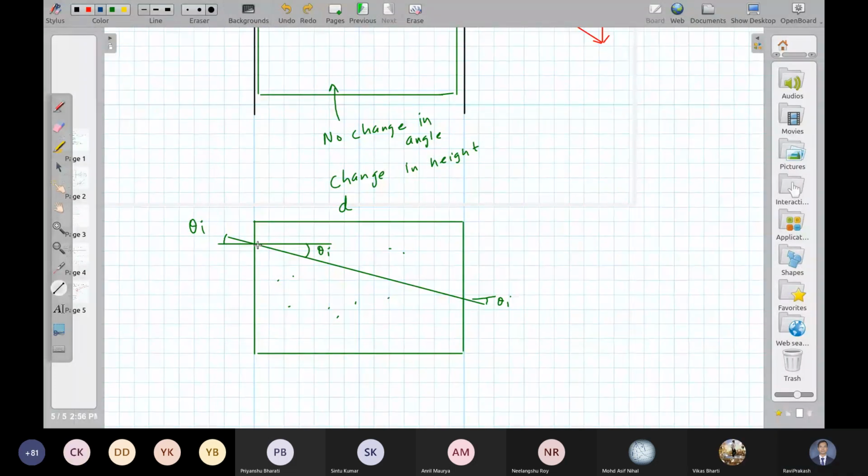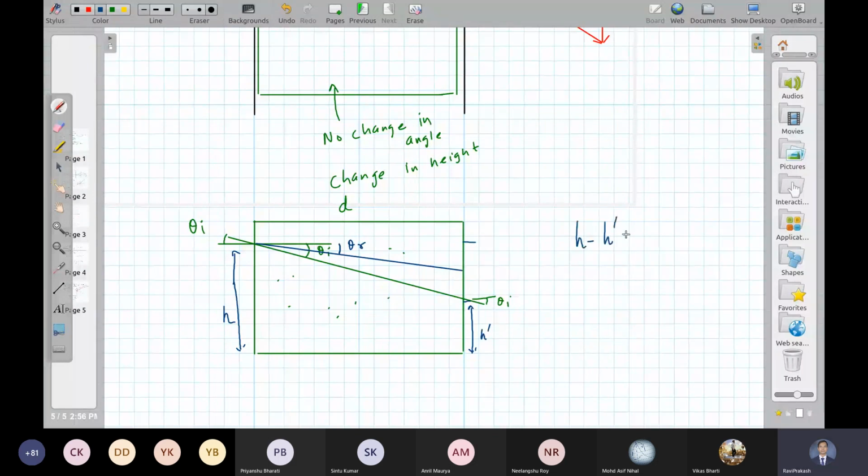Okay. What is this new angle? Angle of refraction, theta r. In the previous case, height में कितना change आया? Light incident on h height, light get out on h dash height. कितना change था पहले? h minus h dash.